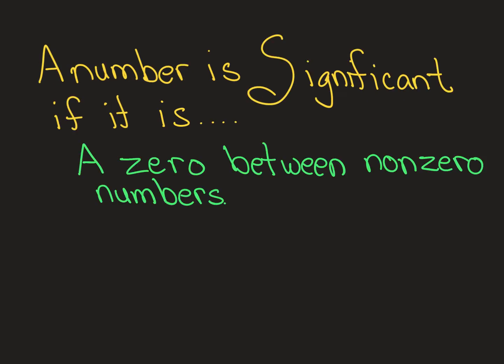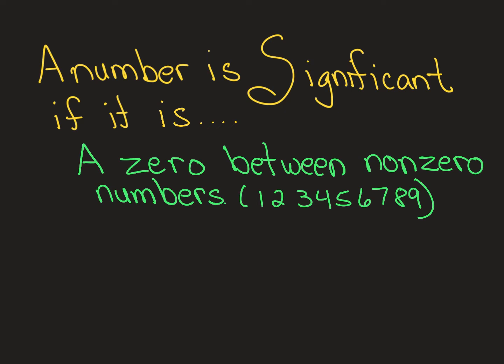Okay, a number is also significant if it is a 0 between non-zero numbers. Now remember, our non-zero numbers were 1, 2, 3, 4, 5, 6, 7, 8, and 9. So those are non-zero numbers.